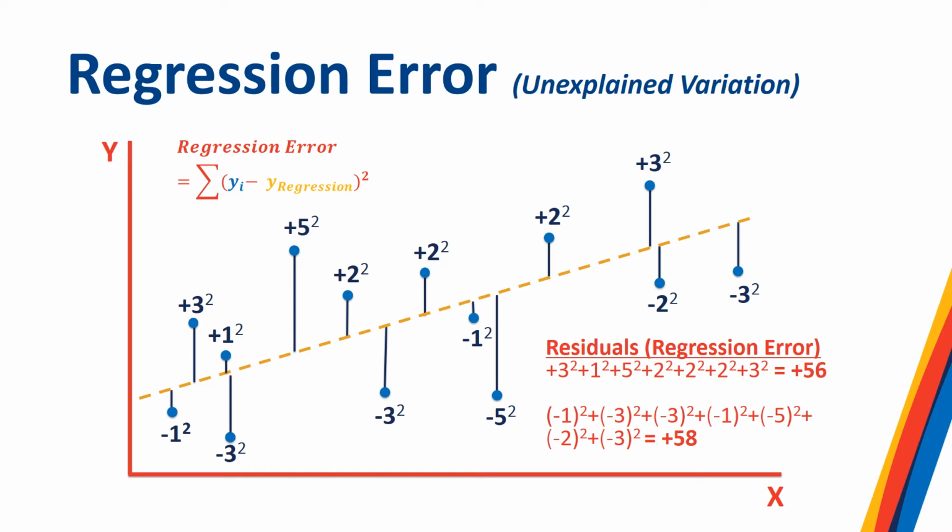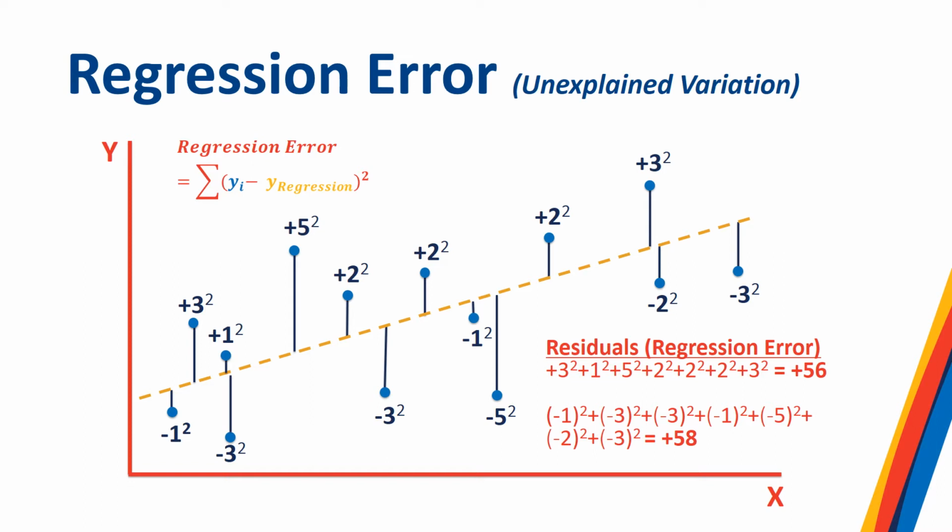And so your goal is not necessarily to minimize the residuals, but to minimize the squared value of the residuals. This is also referred to as your regression error, or your unexplained variation. It's simply calculated by summing up all of the residuals squared, and using those calculations to achieve a minimum least squares regression.